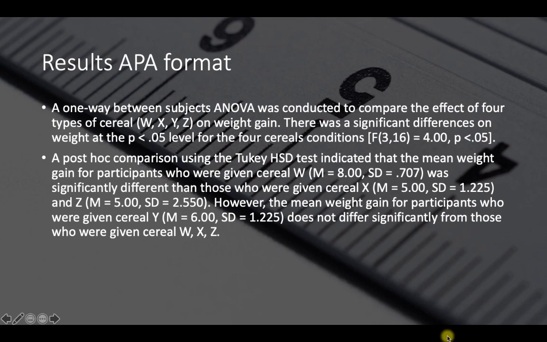If you notice, the APA format always calls you to write what analysis you ran at the beginning. So as you can see here, a one-way between subjects ANOVA was conducted to compare the effects of 4 types of serial on weight gain. You can see the way we write the results, you must put in the DF, okay, the p-value.